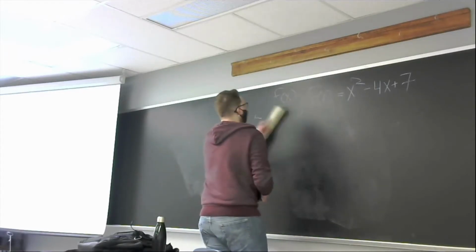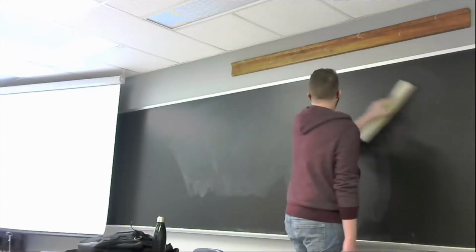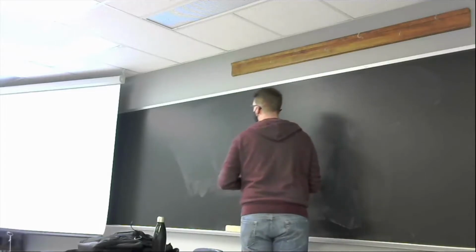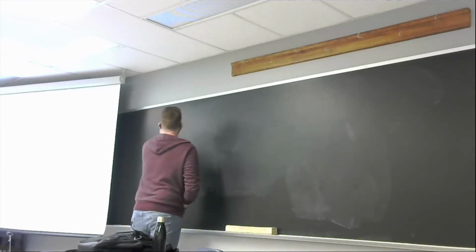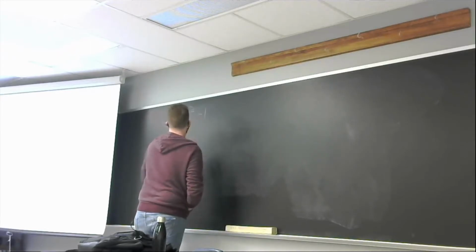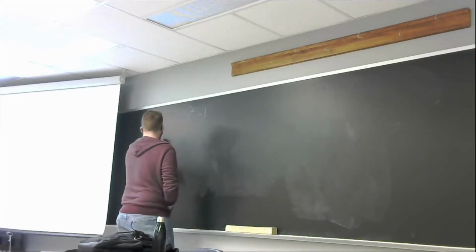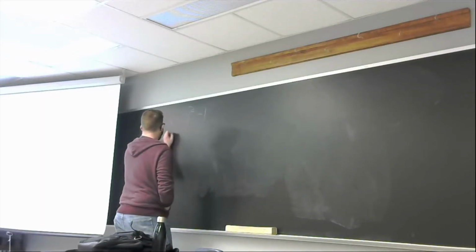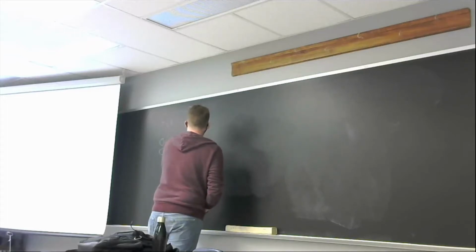So, as an example, let's say we've got f of x is equal to x squared minus 1. Well, let's say g of x is equal to x plus 1.